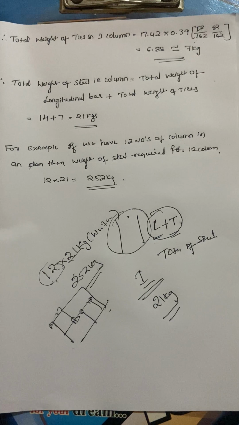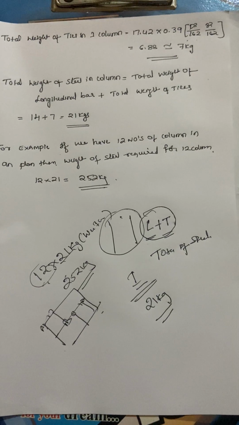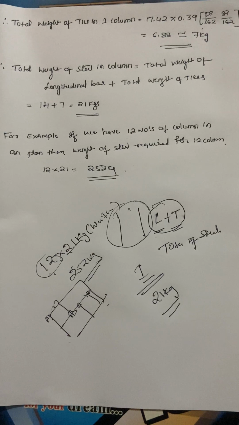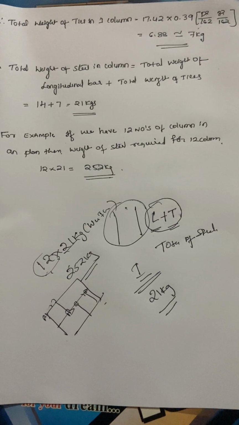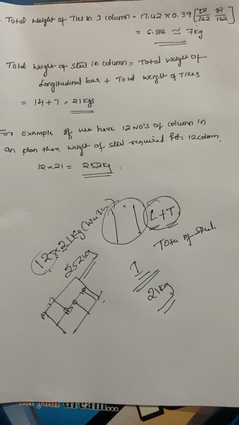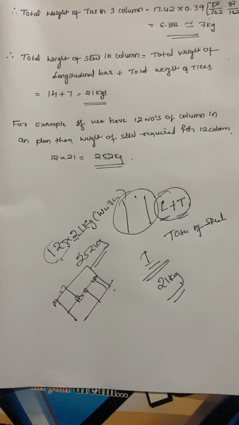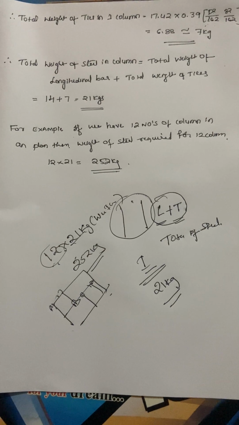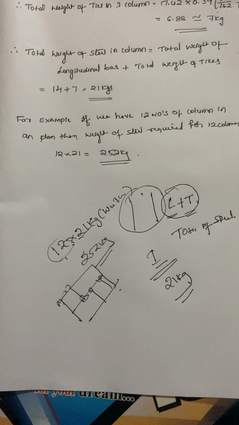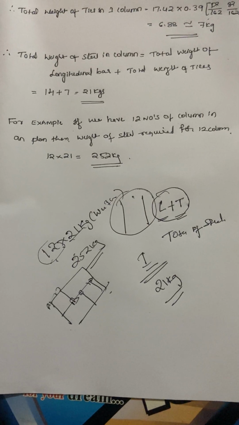You should also have an understanding of how column placing is important. In an environmental context, if I need to explain the use of ties and longitudinal bars in a column, it helps to improve the sustainability of the structure by enhancing its durability and longevity. What do you mean by durability? Durability is nothing but the lifespan, and longevity is how strong you are building a column so that it will stay for a number of years.